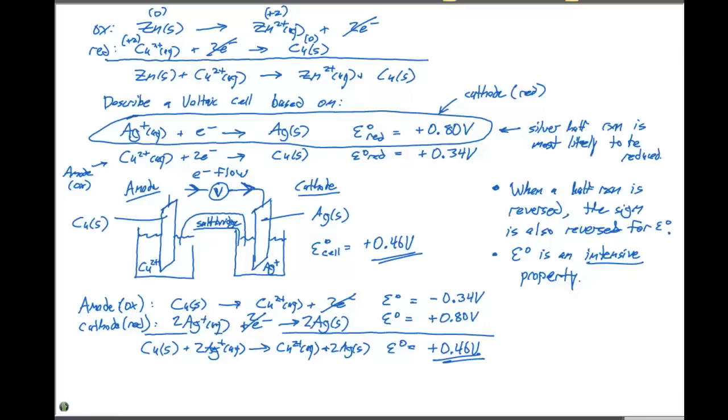The reason for that is because it needs to be a spontaneous process. So if we look and compare spontaneity, which we will a little later on with calculations, but for now, we're going to say to run spontaneously, the overall cell potential must be positive.